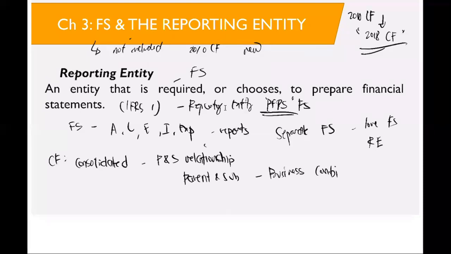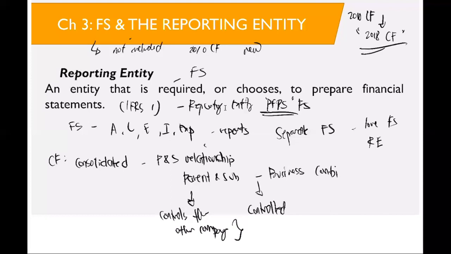So we have here two businesses, but they will be considered as one entity under your business combination. Consolidated financial statements happen only when there is a parent and subsidiary relationship. There is a parent if this particular company controls the other company, and a subsidiary if that is the company being controlled.